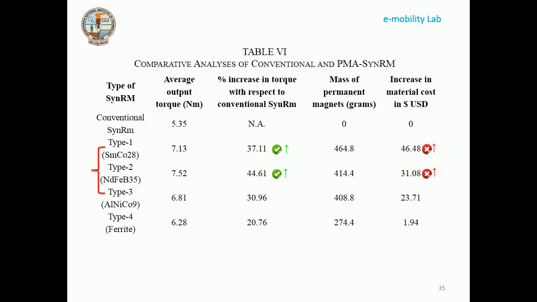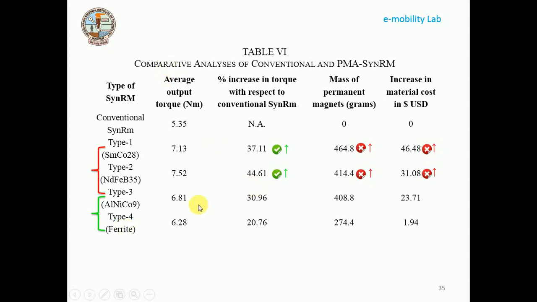So if you can afford it, better you go for this. Then the mass of the motor also increases by around half a kg. Then coming to the non-rare earth magnets, this is the aluminium nickel cobalt magnet, and the other is the ferrite magnet.